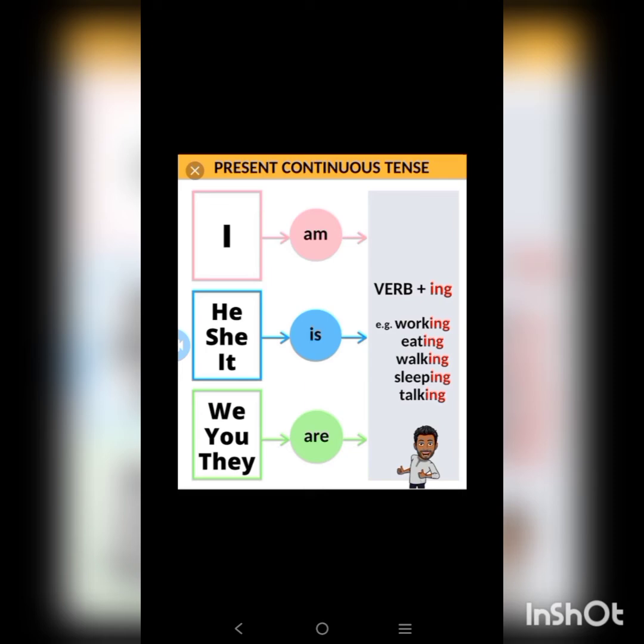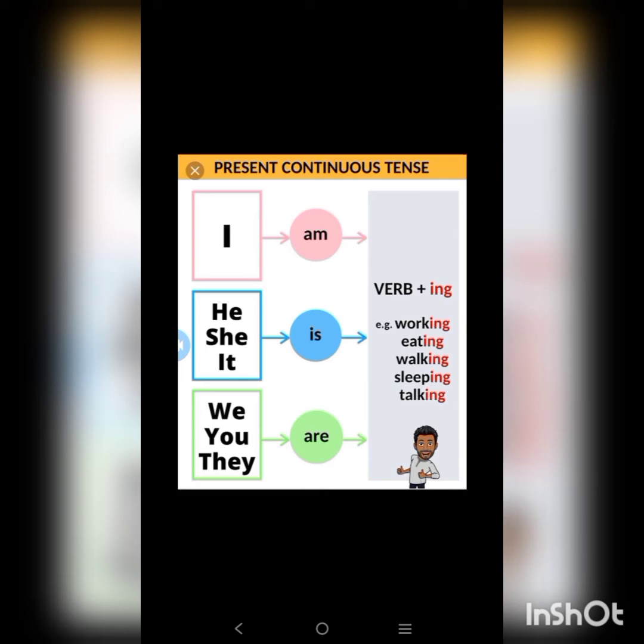We, you, they we will use are. We and they are plural, you is the second person, is it? So in this place we will use are. So in present continuous tense we will use the subject plus am or is or are plus verb plus ing. Okay, so have you understood?